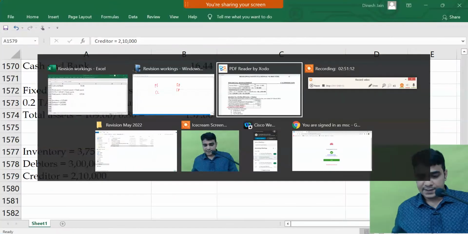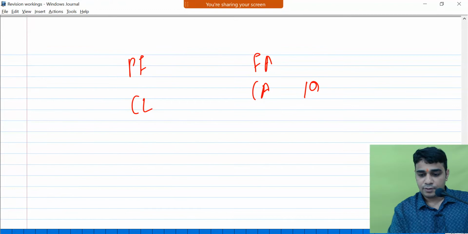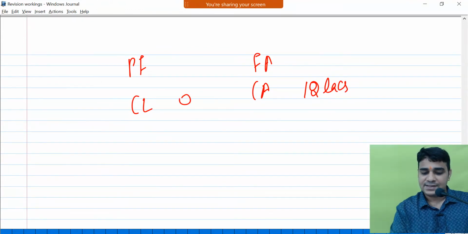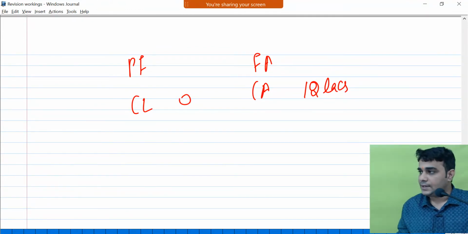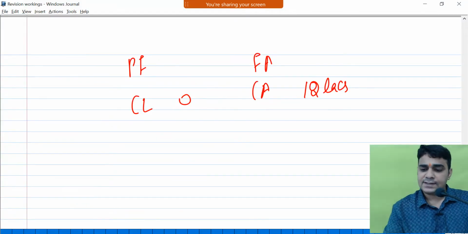Current asset minus current liability is 12 lakh. Then they have said fixed assets to proprietor fund is 0.75.